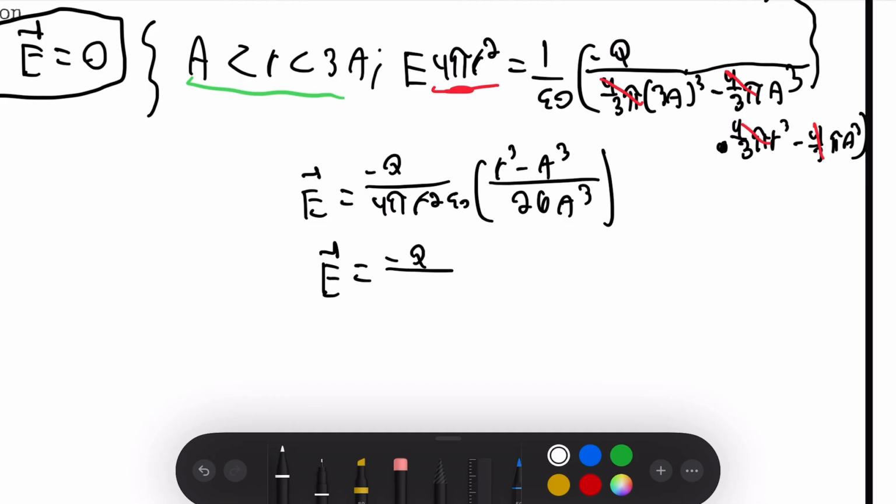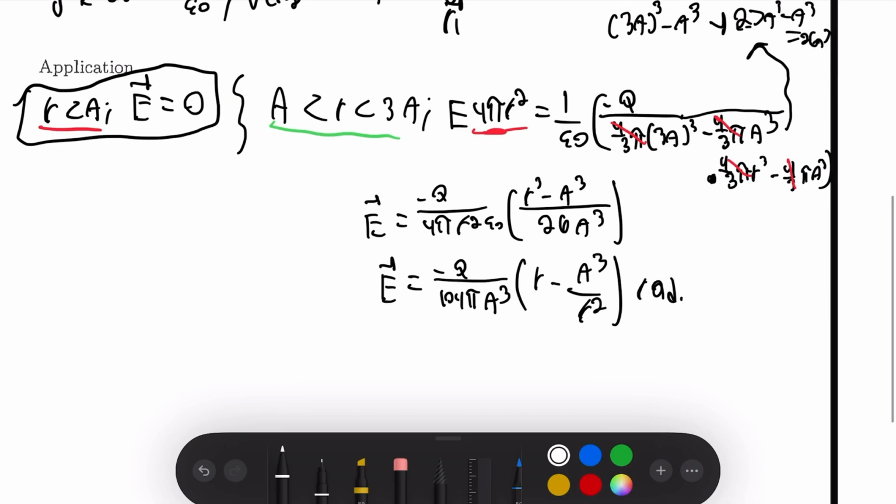So I have negative Q, or I'm going to pull the 26 out, times 4. 26 times 4 is 104. So I'm going to have 104 pi epsilon naught. And then now I'm going to distribute the a cubed, which is a constant as well. So let me pull that out, minus 1. And then I'm going to distribute my r squared. So r cubed divided by r squared is simply r. And then minus a cubed over r squared. And this is radially, so that should be radially inwards because it has a negative Q.